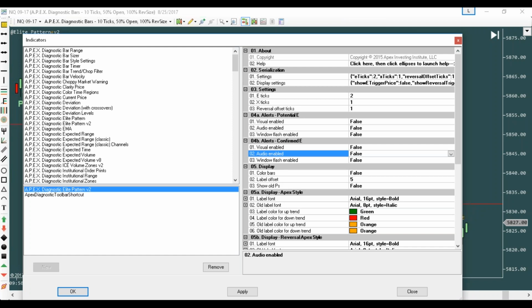And there is audio alerts for clusters. So in a sense, no, there's not audio alerts for power play because there's multiple rules. But one of those rules is a cluster.